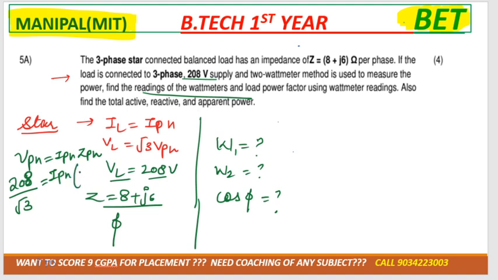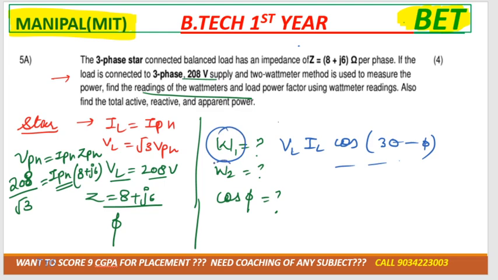IPH will remain IPH only. ZPH is 8 plus J6. We can get IPH from here. Then we'll apply VL IL cos of 30 minus phi, 30 plus phi, and we can get W1 and W2. After getting the value for W1 and W2, we can get P. We can get cos phi.